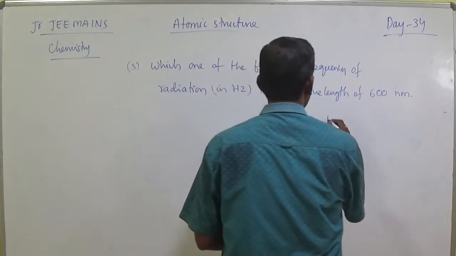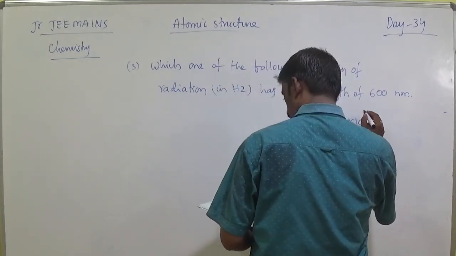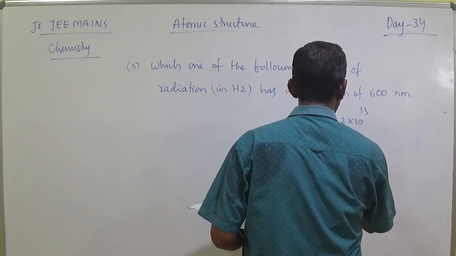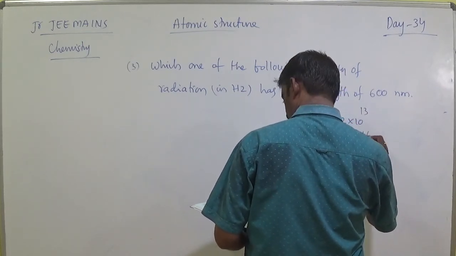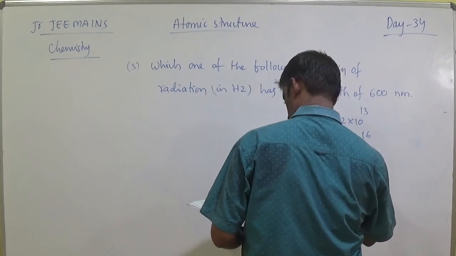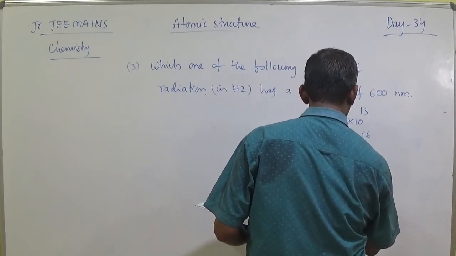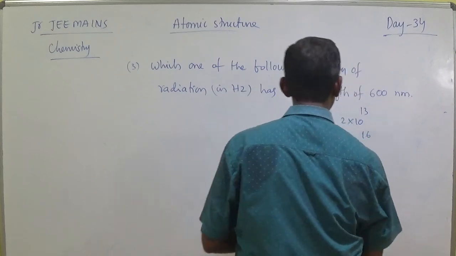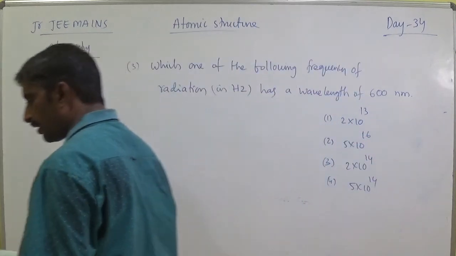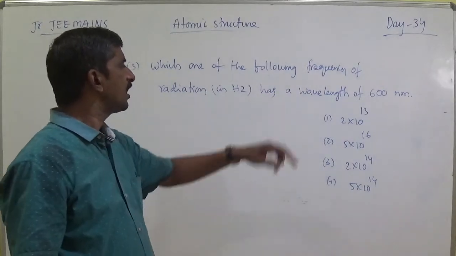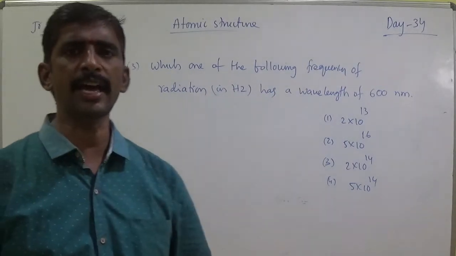First option 2 into 10 to the power 13, 5 into 10 to the power 16, 2 into 10 to the power 14, 5 into 10 to the power 14. So, which one of the following frequency of radiation in hertz has a wavelength of 600 nanometers?